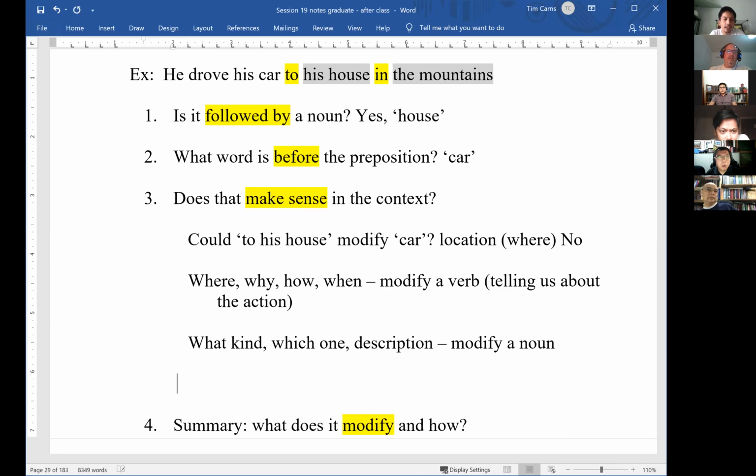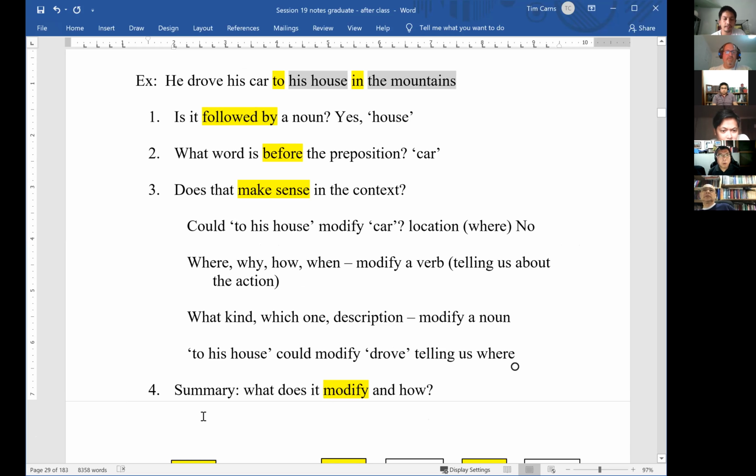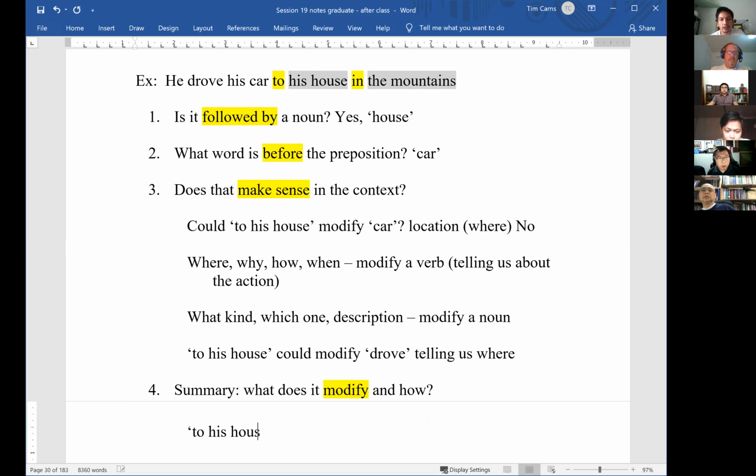And we would say that to his house could modify drove, telling us where. And so then the summary of this would be: the phrase to his house modifies the verb drove, that tells us the location or answers the question where.